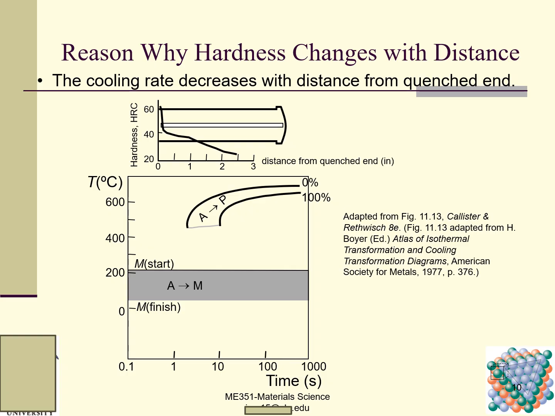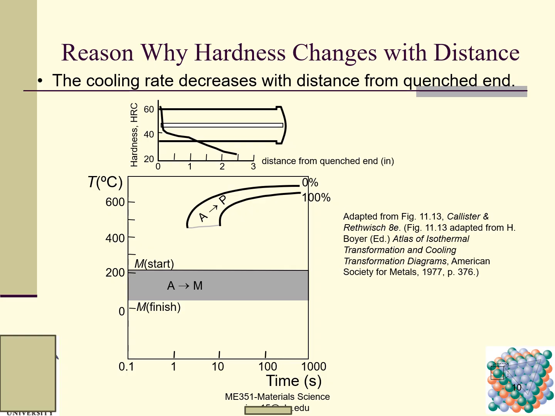As I just mentioned briefly, the cooling rate decreases with distance from the quenched end. The quenched end touches the water, the cooling medium, directly, so it has the highest cooling rate. As a result, at this point it is much easier to get martensite.